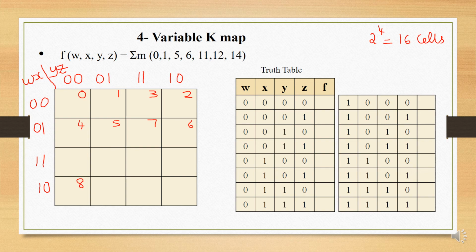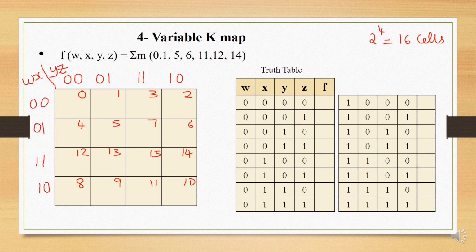Therefore this becomes cell number 8, 9, 10, 11. This becomes 12, 13, cell number 14, and cell number 15. Cell number 15 is 1 1 1 1, so we find it in the third row and third column. Now we have written the cell numbers in the K-map for the 4-variable K-map.